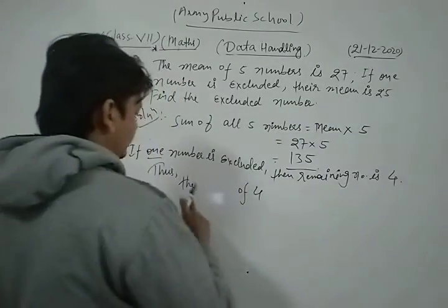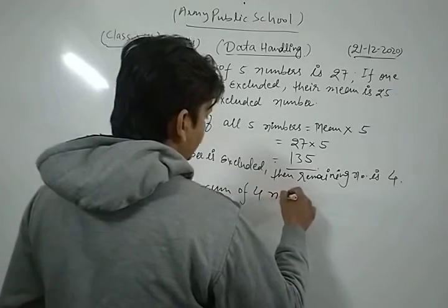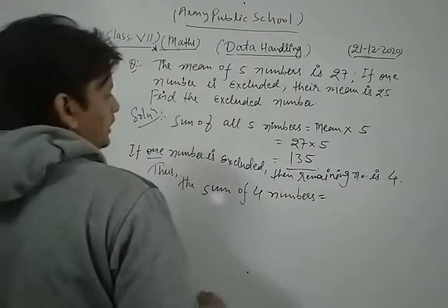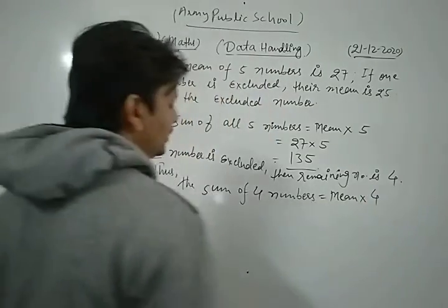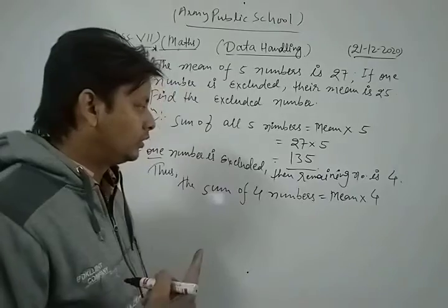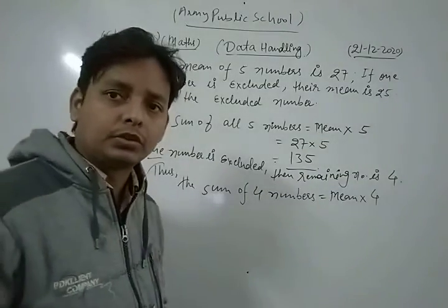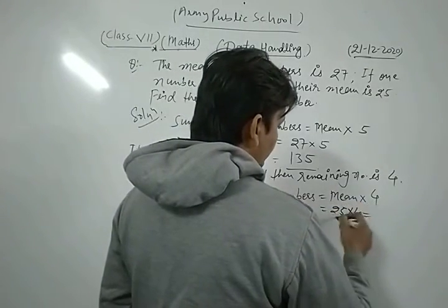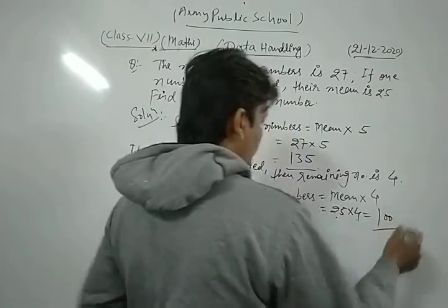And thus the sum of the remaining 4 numbers is their mean into the number of observations, 4. The mean of the remaining 4 numbers is given as 25 in our question, so 25 into 4 is equal to 100.